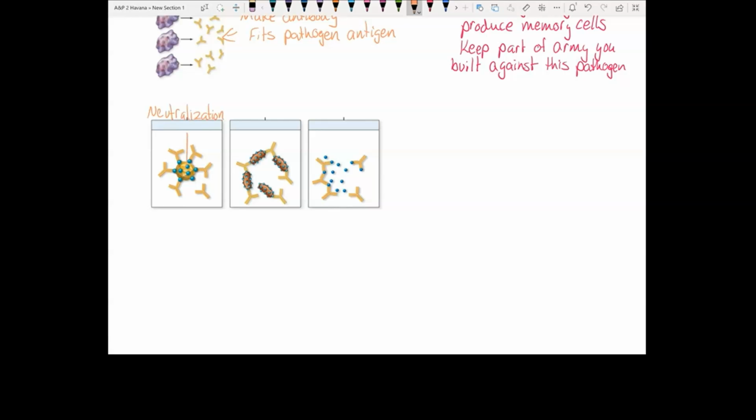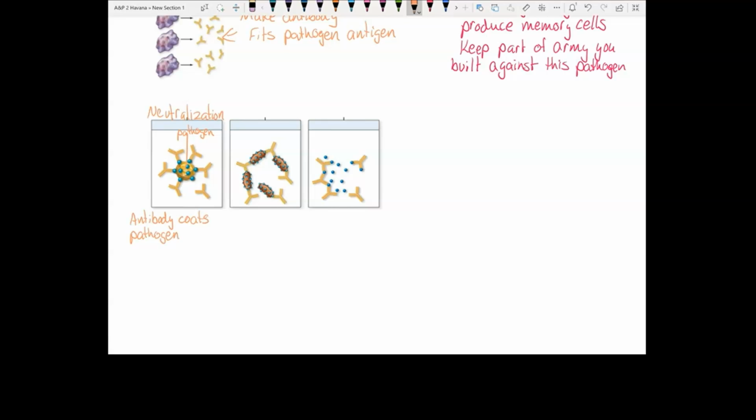Here is your pathogen, and all these Y-shaped things are antibodies. Notice the antibodies are coating the pathogen. Remember, antibodies fit the pathogen antigen. So the antibody coats the pathogen.